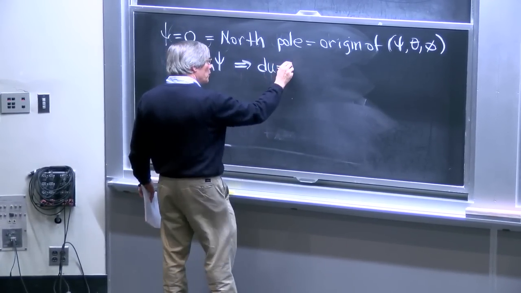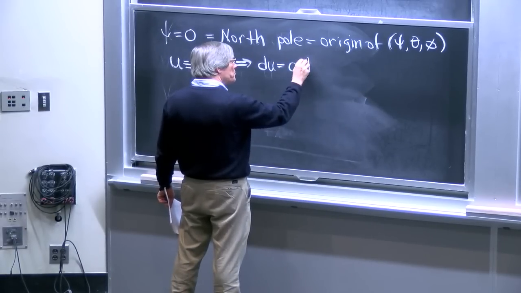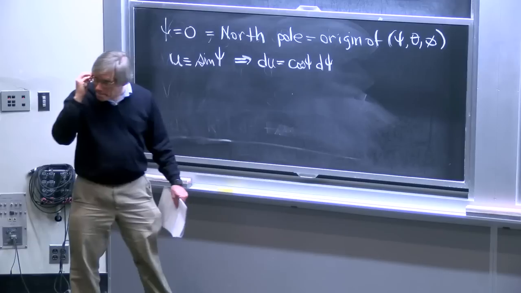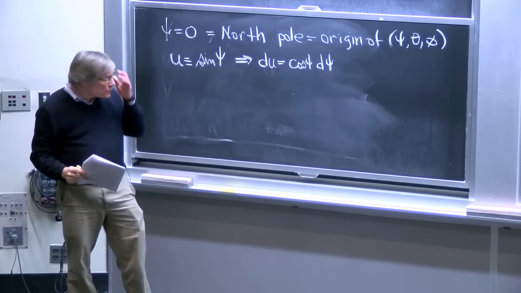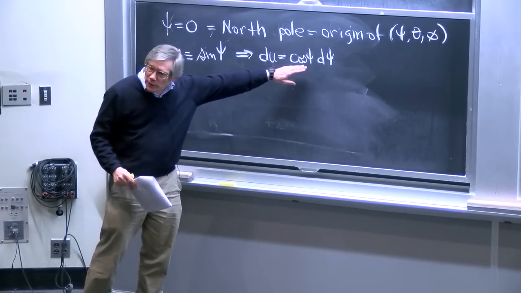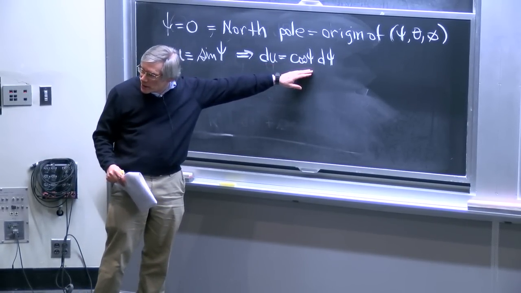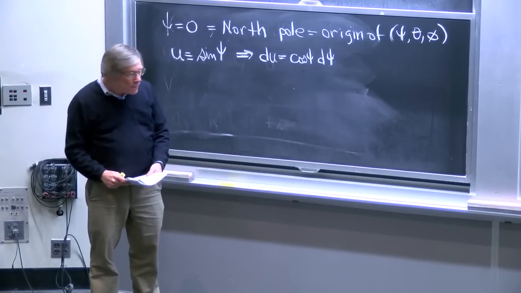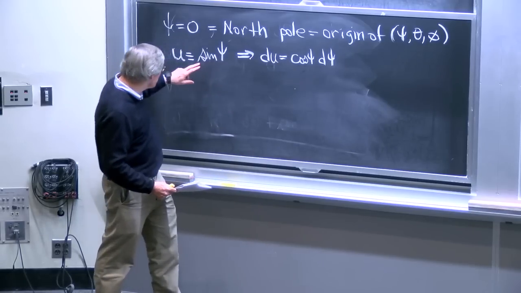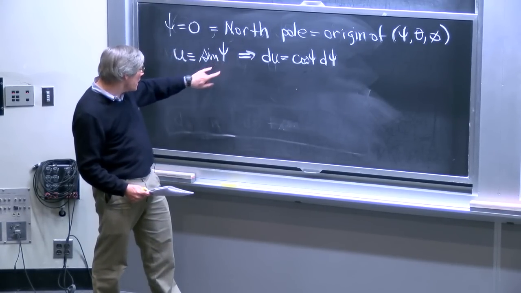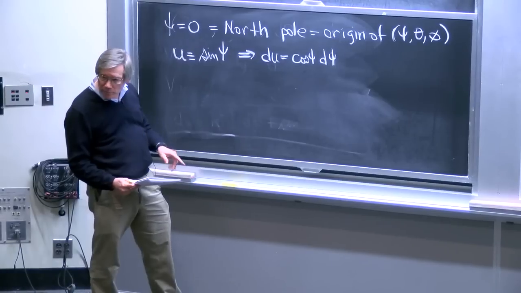du would be equal to cosine of psi d psi. But if we're trying to rewrite the metric solely in terms of u, we don't want to have to divide or multiply by cosine psi, because that's written in terms of psi. But we could express cosine psi in terms of u, because if u equals sine psi, then cosine psi is the square root of 1 minus u squared.